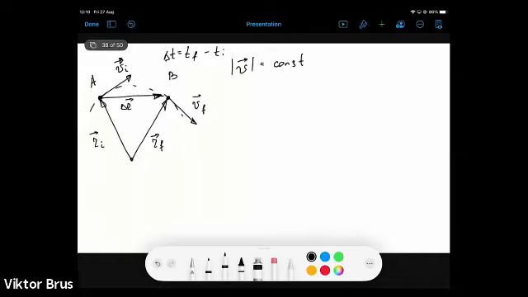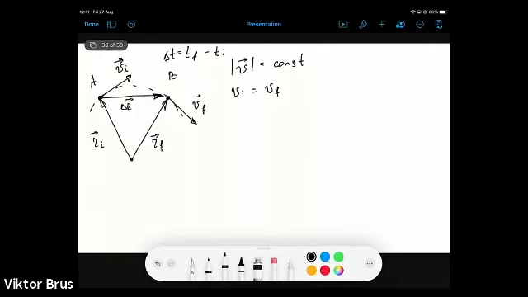This means that the magnitude of the initial velocity vector is equal to the magnitude of the final velocity vector. However, as you may see here, the orientation of the initial and final velocity vectors will be different.